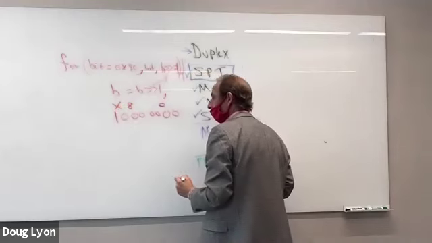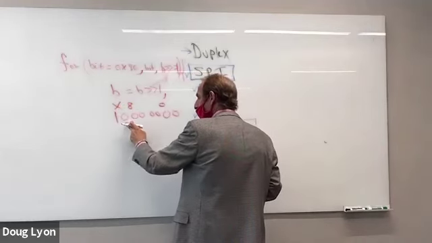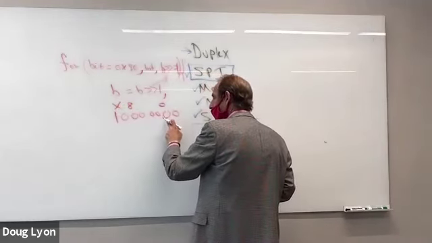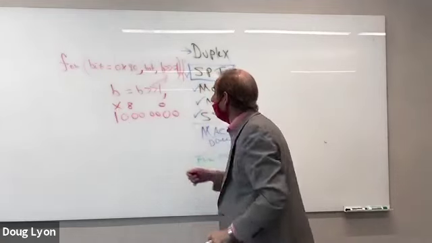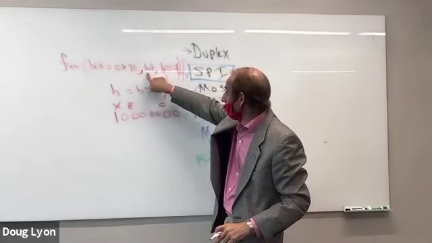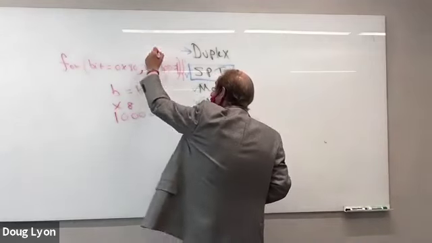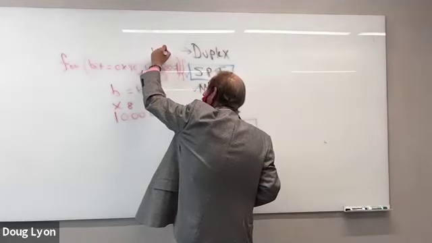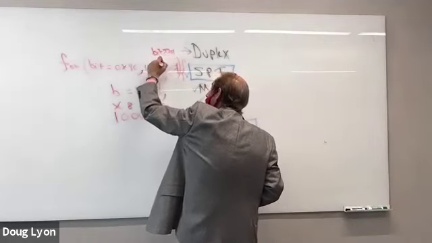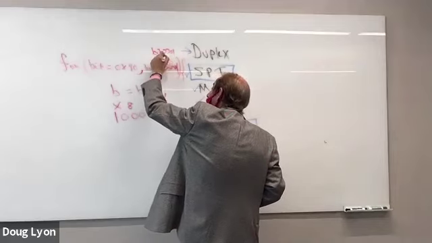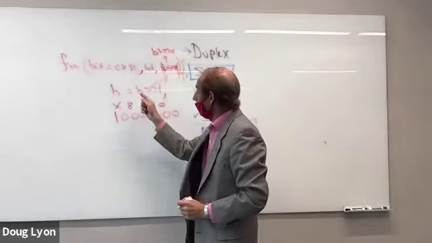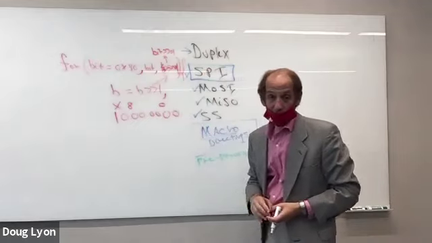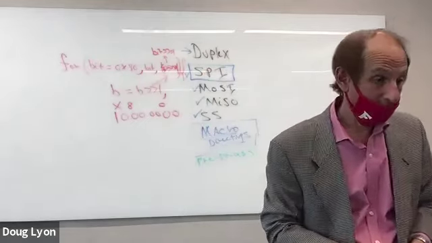I'll put the X in front of it. So now it's 1 2 3 4 5 6 7, and then on the 8th bit it'll be 0. I should say bit. Once the bit value is 0, it will stop.